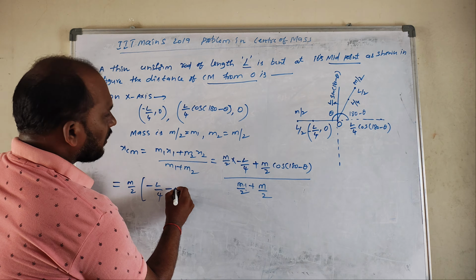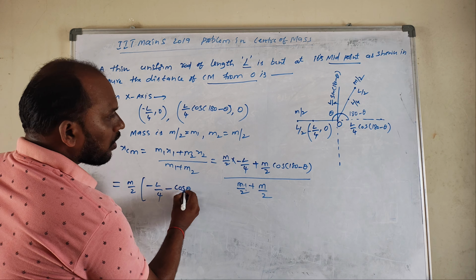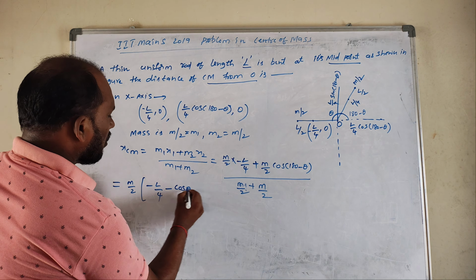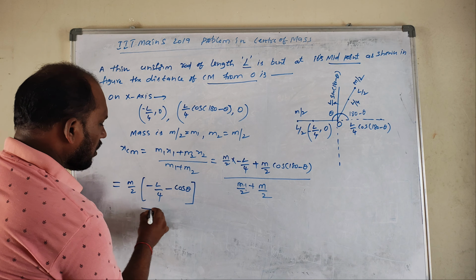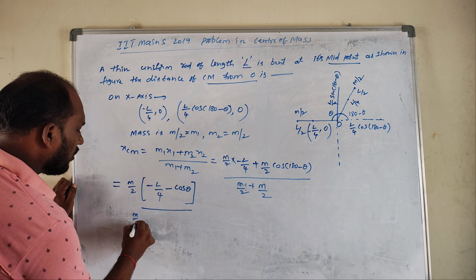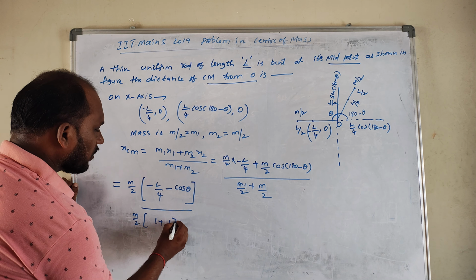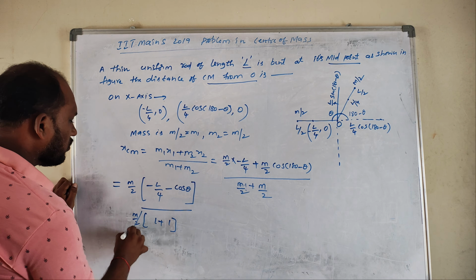So we get cos theta. Taking m by 2 common in the denominator too, we get 1 plus 1, so m by 2 cancels.